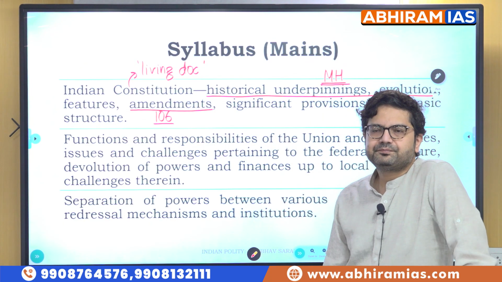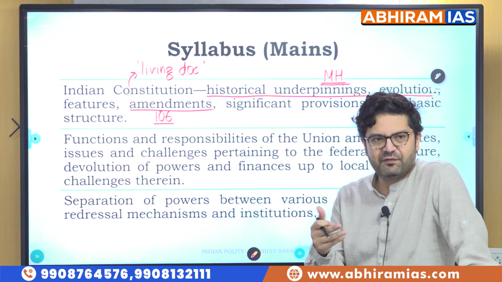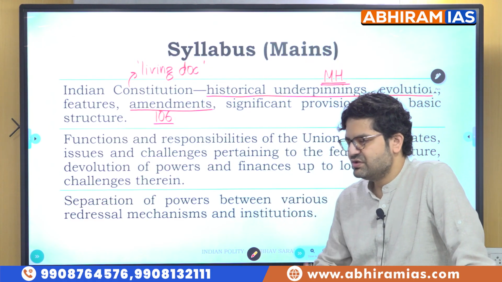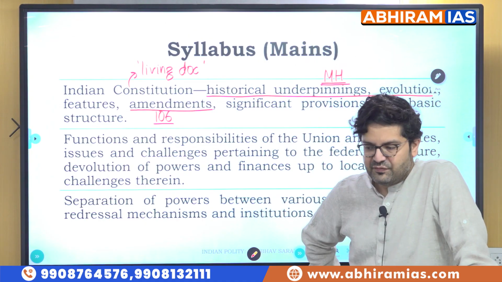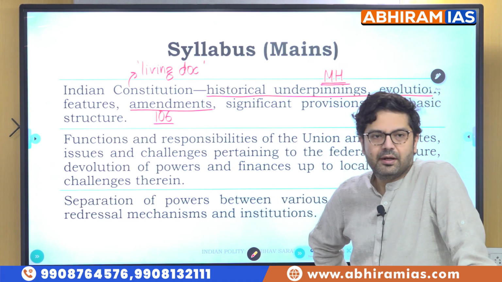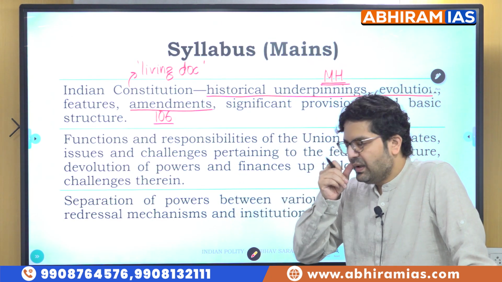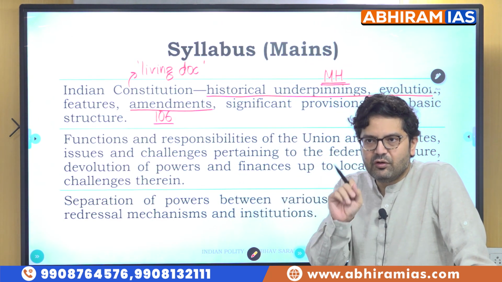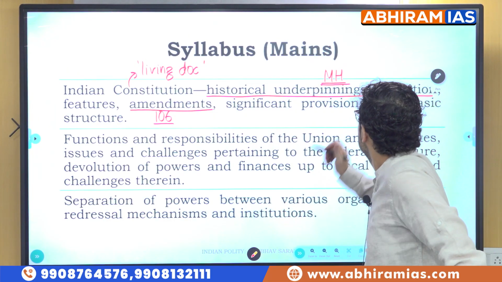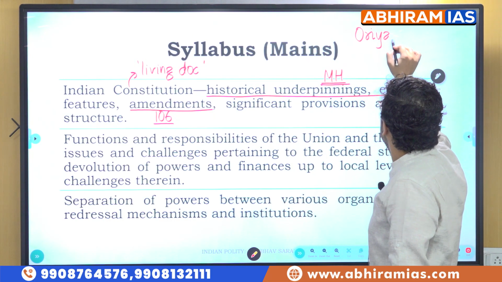For example, there is language. We have a lot of official languages, like Telugu is an official language in our country. Hindi is an official language. There is one official language called Odia. It's spoken in Odisha. Earlier, the spelling of Odia in the constitution used to be O-R-I-Y-A.